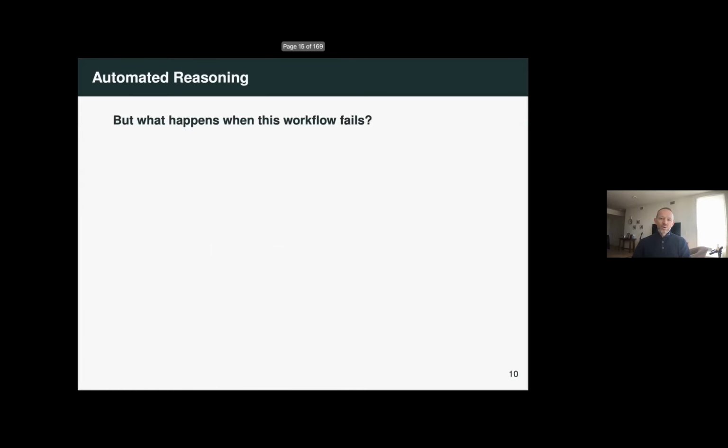However, what happens when this fails? Okay, so let's say you're a grad student and you're working on this problem and you figure out how to encode it as an SMT formula, and you run the SMT solver and it just times out, doesn't work, doesn't give you any feedback. So the users get frustrated when this happens.